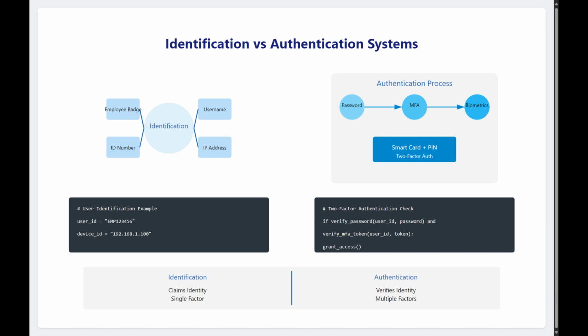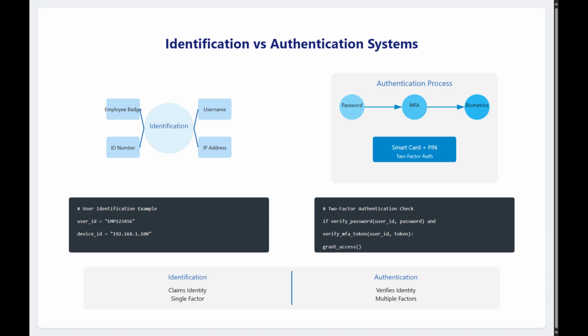While these identifiers provide a baseline recognition, they operate on a declarative level rather than a verification level. Notably, identification extends beyond human users. In technical environments, devices, applications, and services also require identification through specific attributes. These non-human entities typically use identifiers such as unique names, IP addresses, or system descriptions.